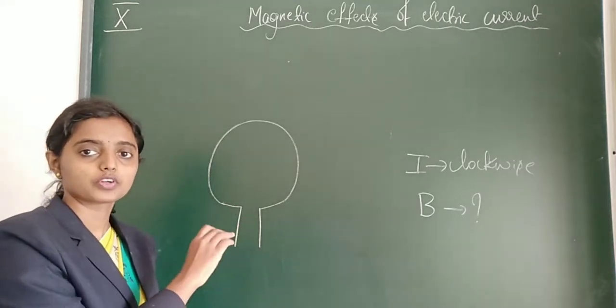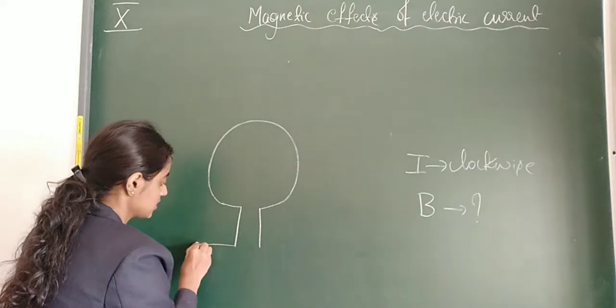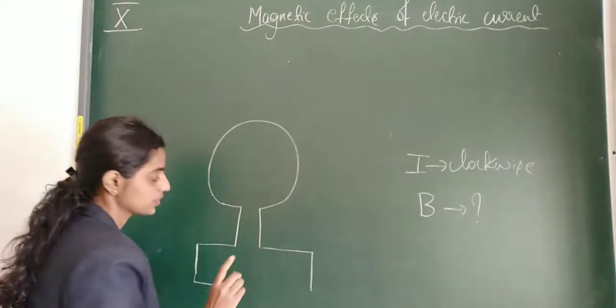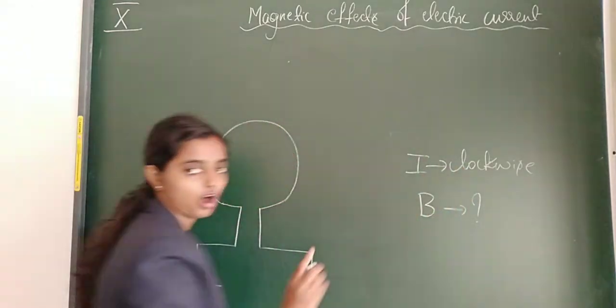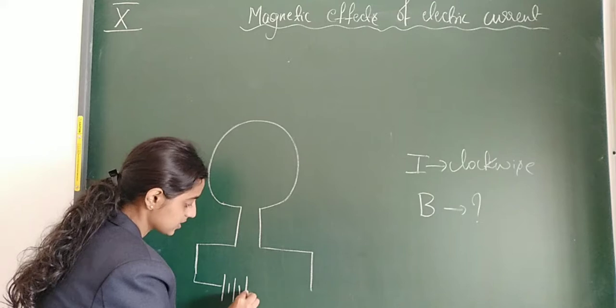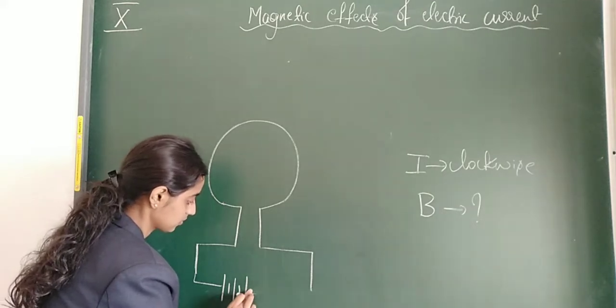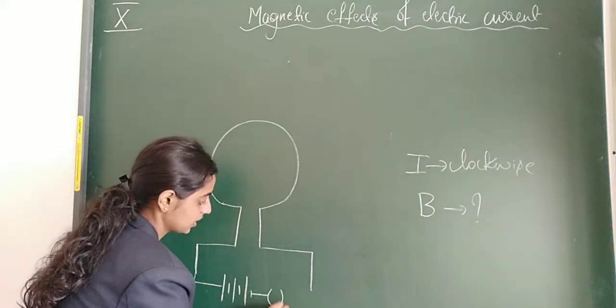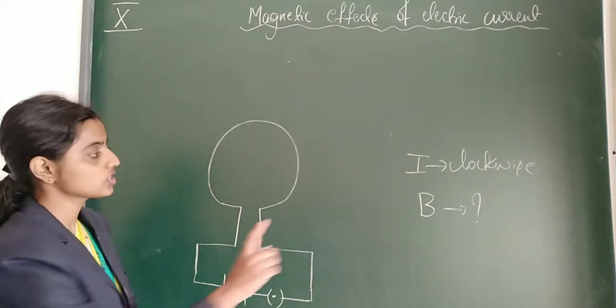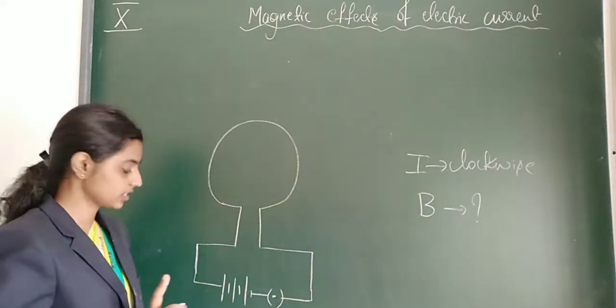Let us draw first. If these are the 2 terminals of the circular loop, now we should see the current flow clockwise. So let us take a battery like this and a key.